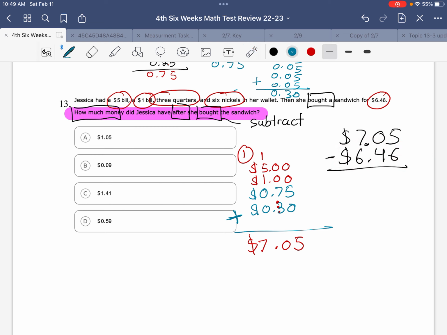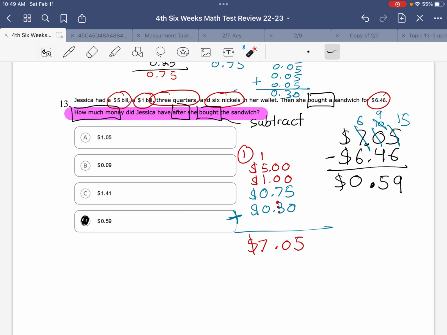I can't do 5 minus 6. Take away from the 7. 7 becomes a 6. 0 becomes a 10, but then I got to take away from the 5, so it becomes a 9. 5 becomes a 15. So 15 minus 6 is 9. 9 minus 4 is 5. Drop my decimal. 6 minus 6 is 0. So my answer is 59 cents.